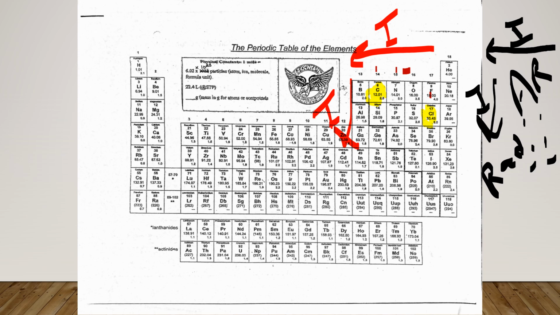So you got to figure out which has more space in between it. So the horizontal has more space, if that makes sense. So carbon is going to be the larger atom here.